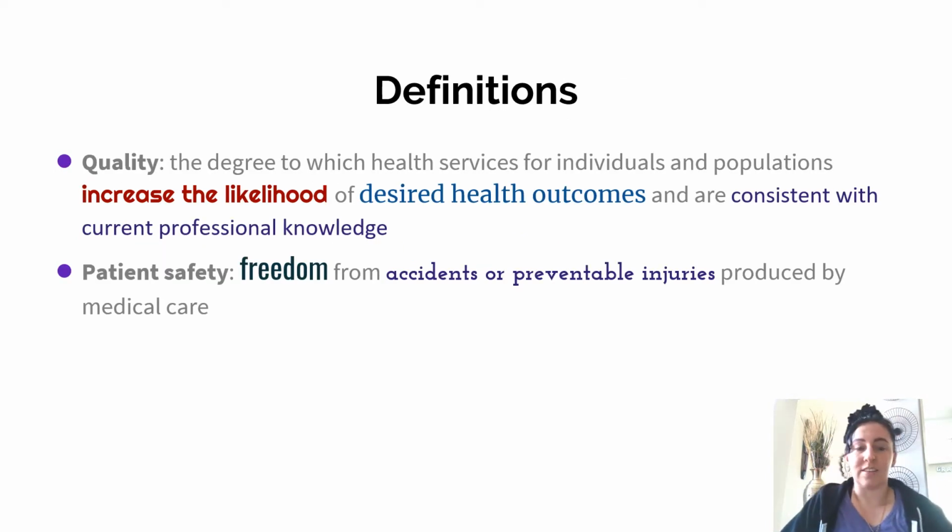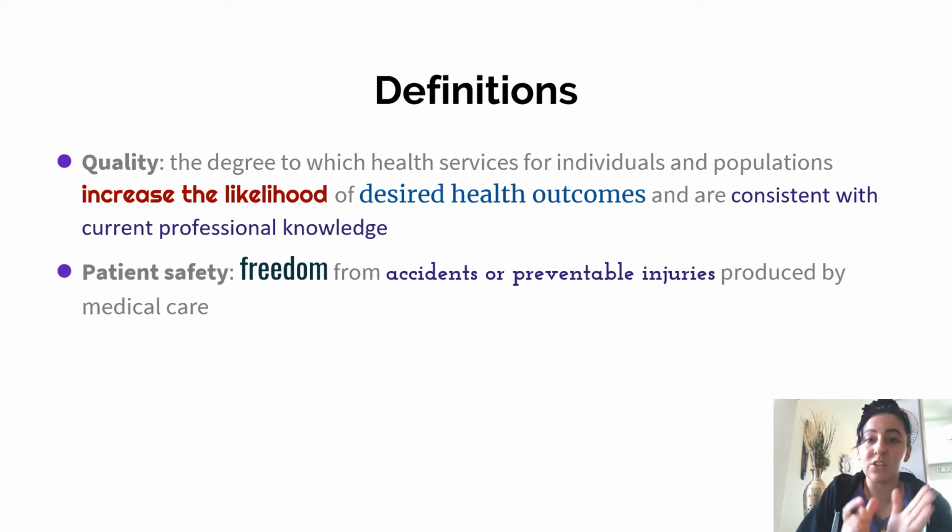Okay, so definitions. What does quality mean? Quality is the degree to which the health services for individuals and populations increase the likelihood of desired health outcomes and are consistent with current professional knowledge.